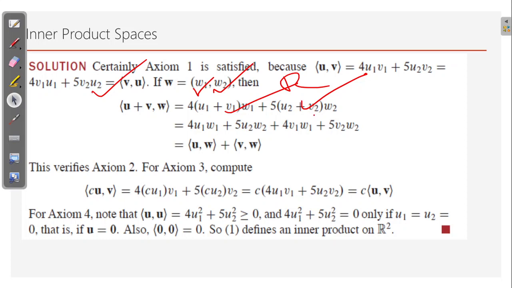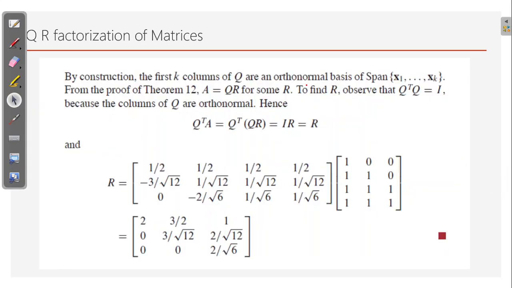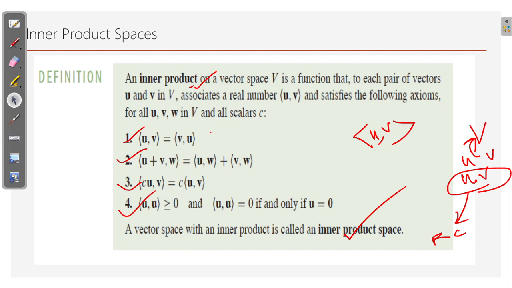Open all those brackets and rearrange, and you will get inner product of u, w plus inner product of v, w. So the second axiom is also satisfied. Then inner product of cu comma v equals c times the inner product of u, v, you can take c out. So this can also be proved to be satisfied, and axiom 4 can also be easily proved.